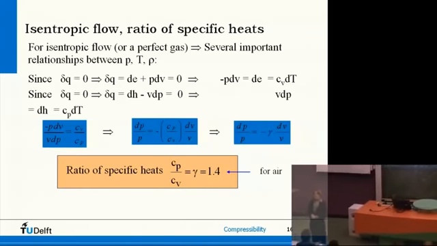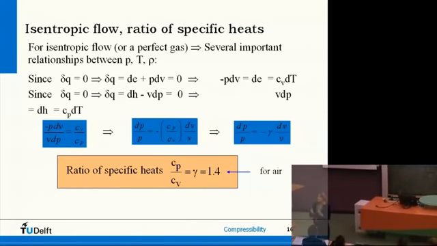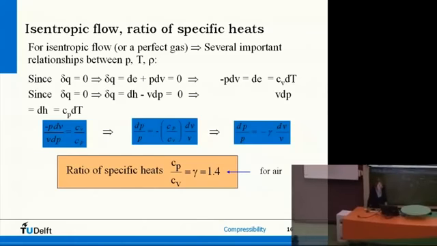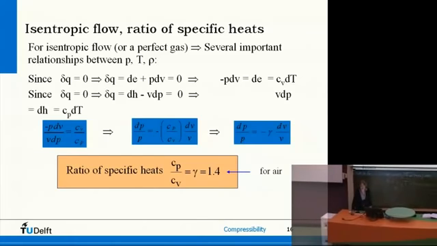Now let's play the game again, but now for my isentropic flow. What do I have for my isentropic flow? I don't add or subtract heat. So delta Q is 0 now. So again, I start with my two forms of the first law of thermodynamics, the one with internal energy per unit mass and the one with enthalpy per unit mass.